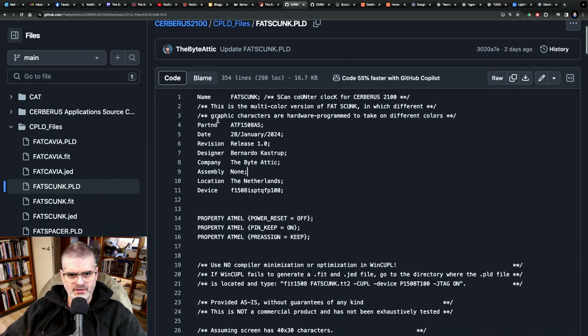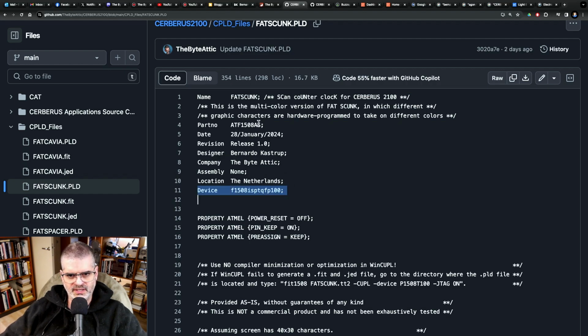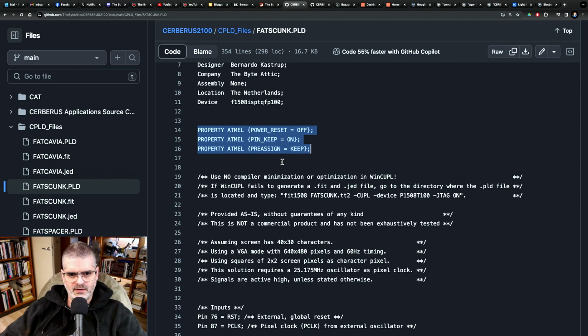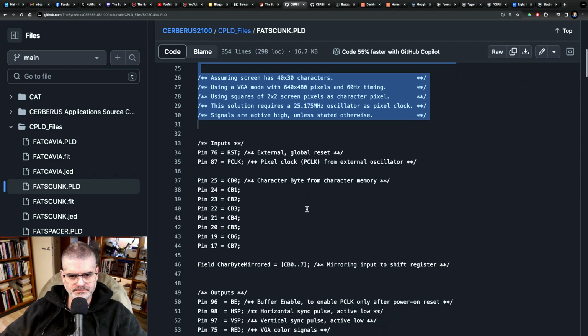Like for Kavia, FatSkunk starts with some preliminaries: the name of the file, which device it applies to, who did it, at what time, and so on. I added this commentary to say that this is the multicolored version of Skunk, so people don't confuse it with the original one. Then we have some compiler directives, and a lot of commentary to give some background.